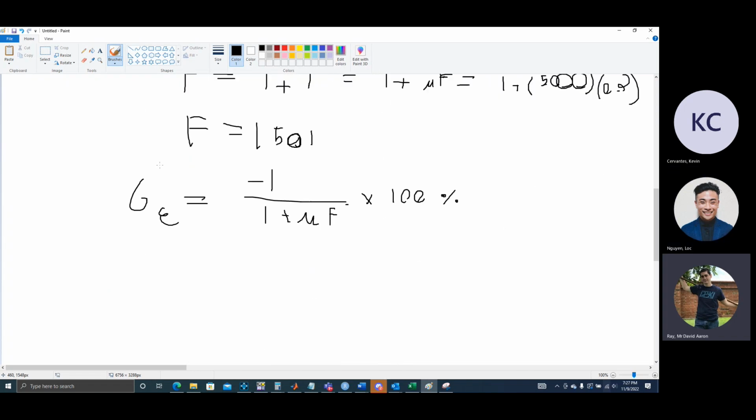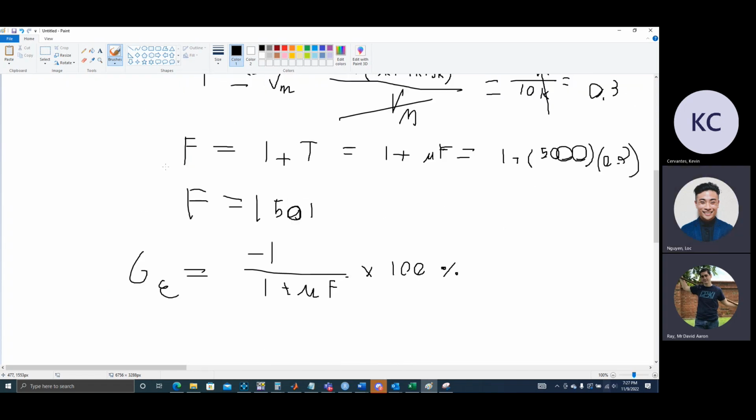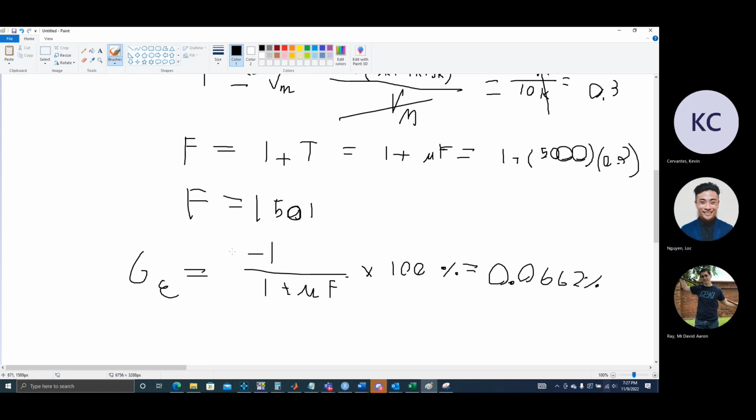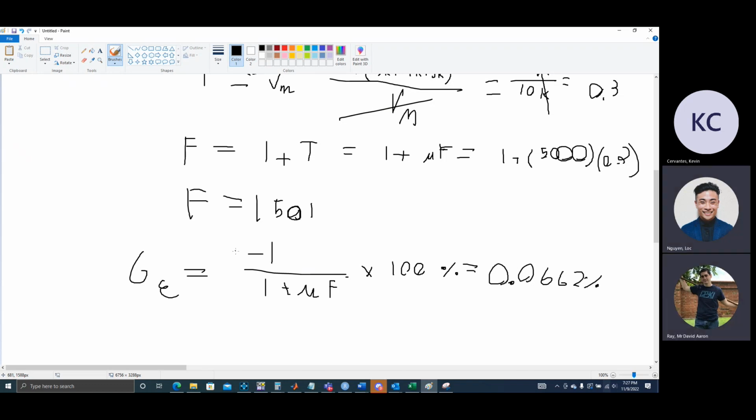So your gain error is negative 1 over 1 plus mu F. But he wants it in percentage form, and so that's where the 100% comes from. And that's going to get you negative 0.0666%. And then from there, he says 0.0666%. So there we go.